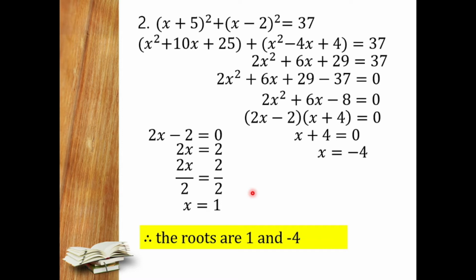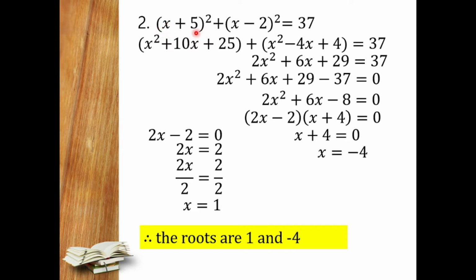But the question is, are they real roots, or is one of them an extraneous root or extraneous solution? Okay, so let us check. If x is equal to 1, will it give us a true mathematical statement? Okay, yes.